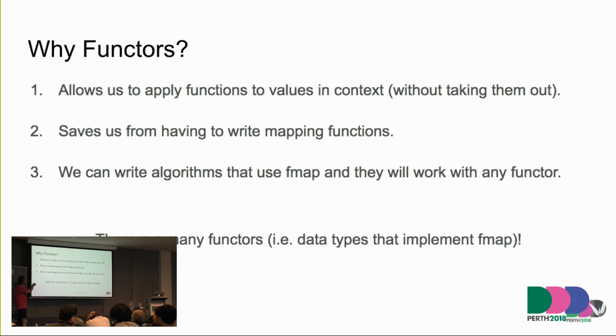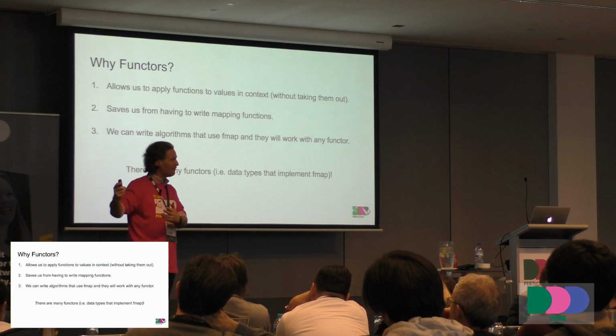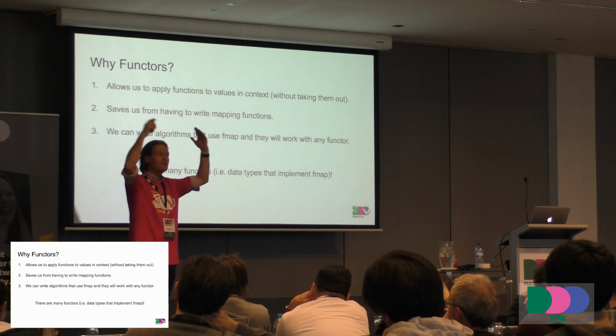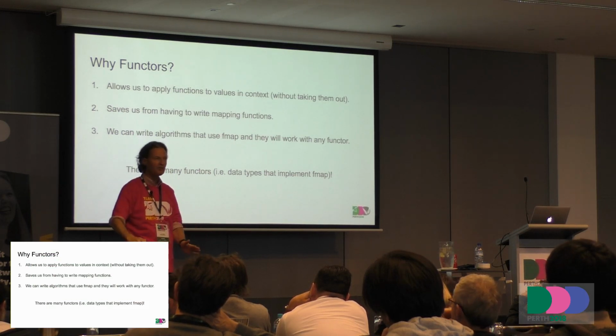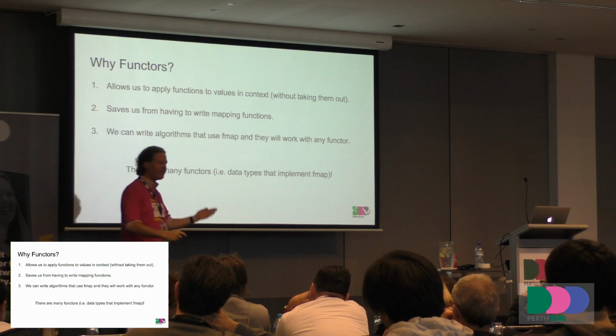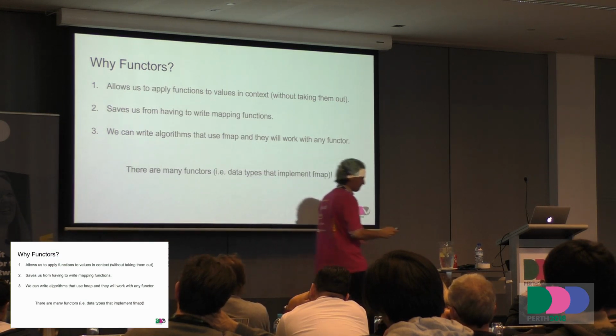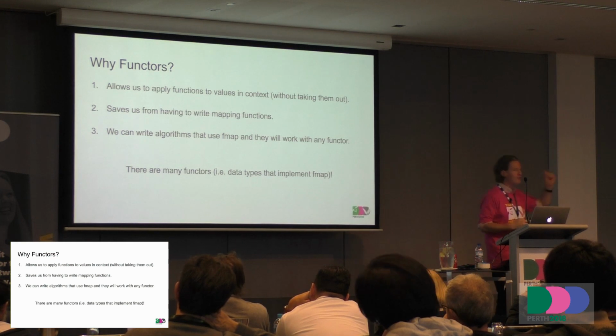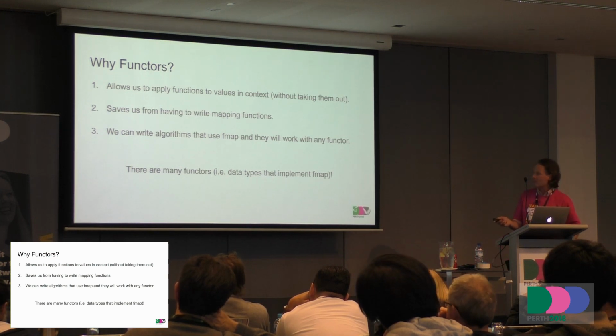It also saves us from having to write mapping functions, which do things for all the elements. Helps us out as well. And now we can write algorithms that use fmap, and they will work with any data type that implements fmap. So we're writing higher level abstractions. We don't care what data type it is. As long as it implements fmap, it'll work with our algorithm. So we get high level abstractions we can use over and over again in our programs.